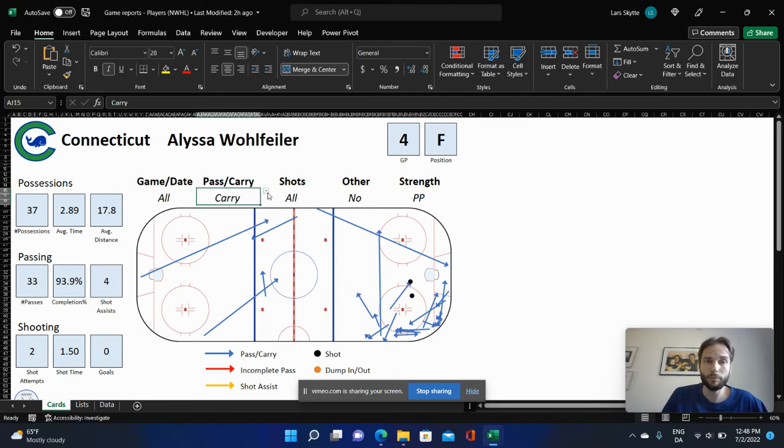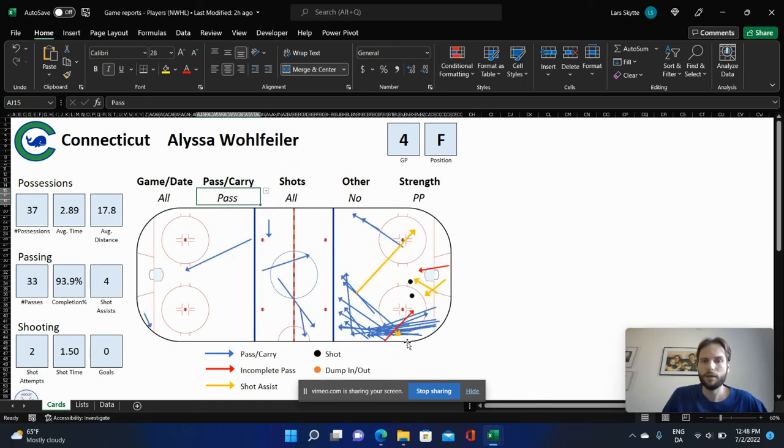We could also look at her power play passes. Oh, sorry. And these are her passes on the power play. Clearly, a lot of passes on the right side. Only 2 incomplete passes. It's interesting that she's not going for the diagonal pass.